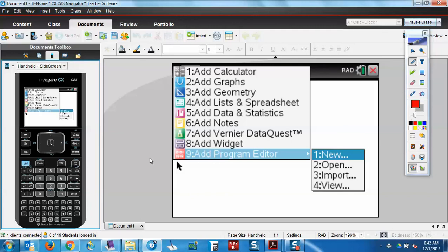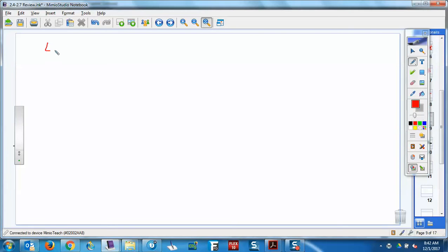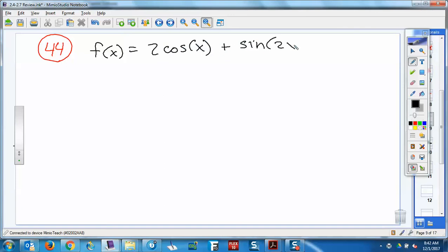Go ahead and you should log in that. Should be in it. I just started. So 44. We got 2 cosine x plus sine 2x.